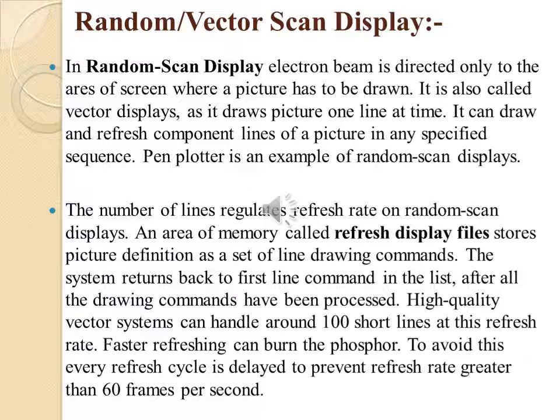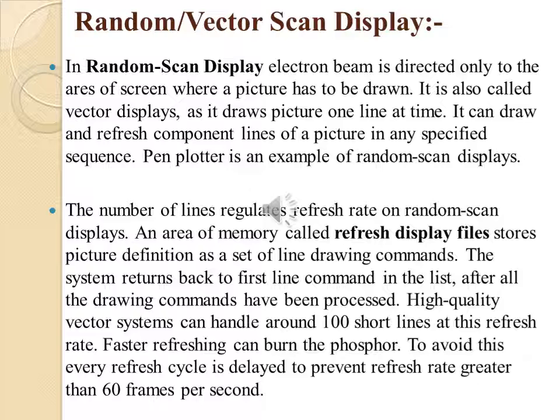Next is the random or vector scan display. In random scan display, the electron beam is directed onto the areas of the screen where a picture has to be drawn. It is called vector display as it draws pictures one line at a time.